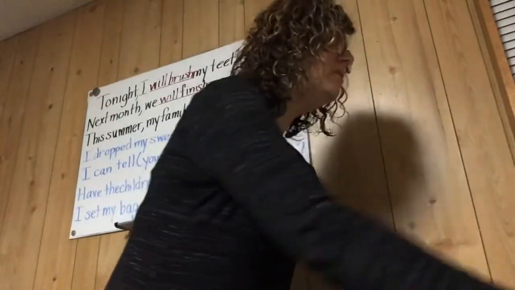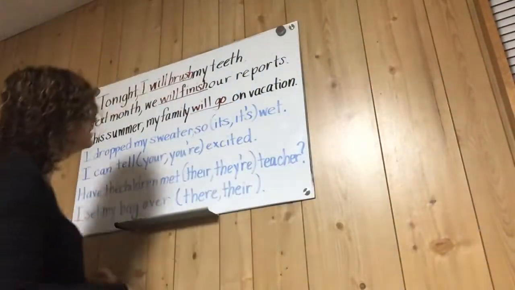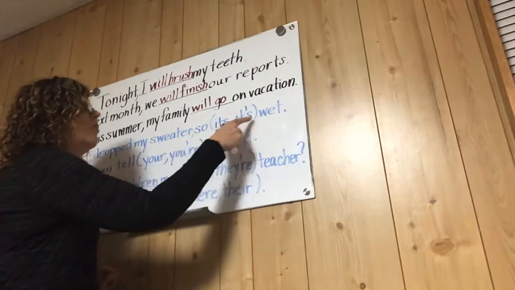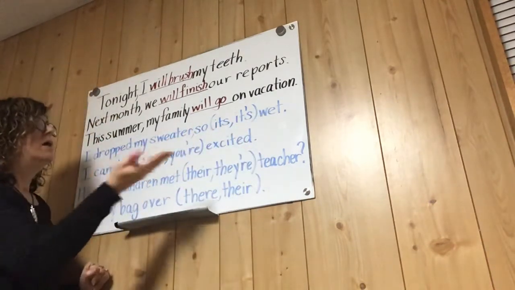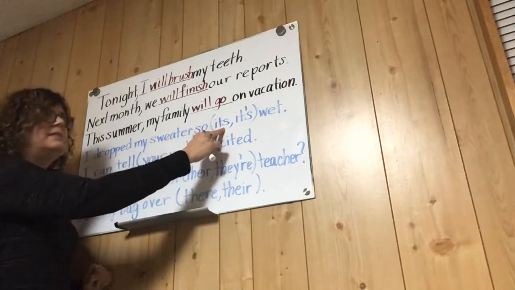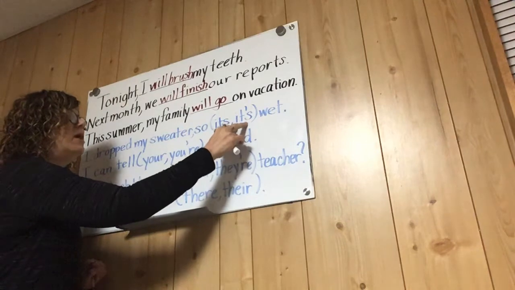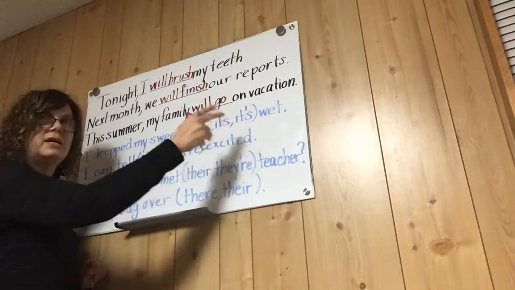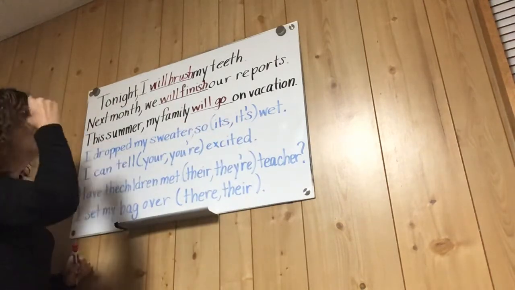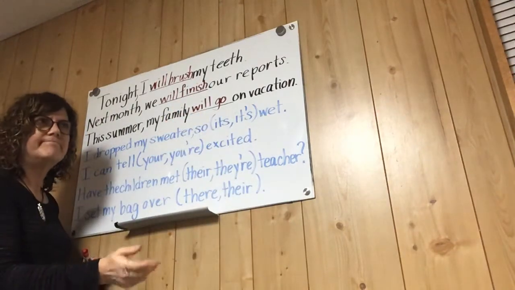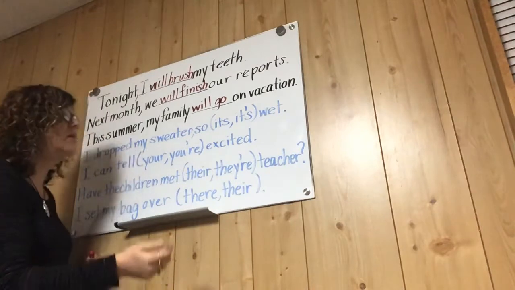All right, so let's look at the board. I have 4 sentences here. I dropped my sweater, so it's wet. Now, this one, ITS, is the possessive pronoun showing ownership. IT'S is the contraction for it is. So, does wet belong to it? Doesn't make sense to say wet belongs to it.